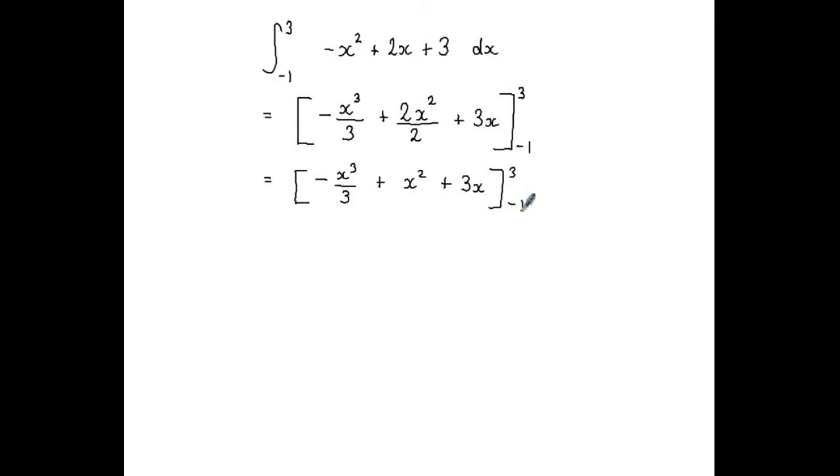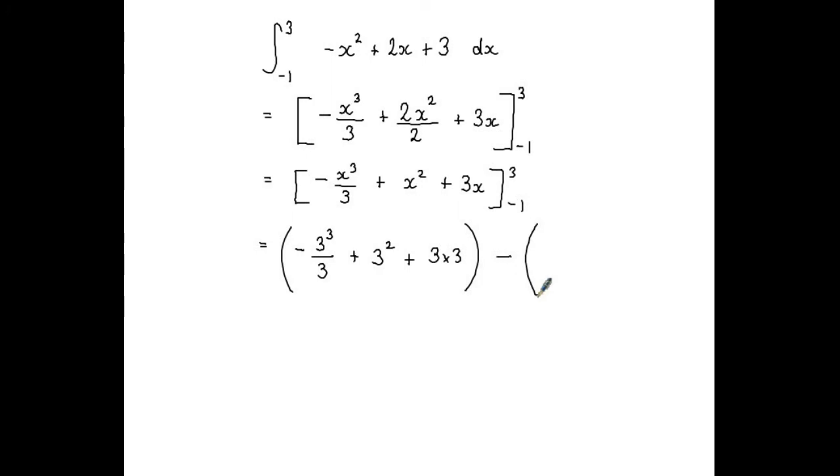Now we can substitute and subtract. We're substituting our 3 in first. Take your time because we don't want to make any mistakes. So we're going to have minus 3 cubed over 3 plus 3 squared plus, and then remember, 3 times 3. There's your first bracket. Subtract, and then this is the more difficult one because it's a negative limit.